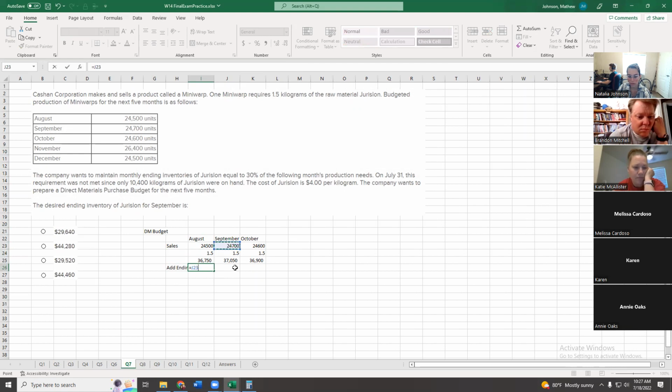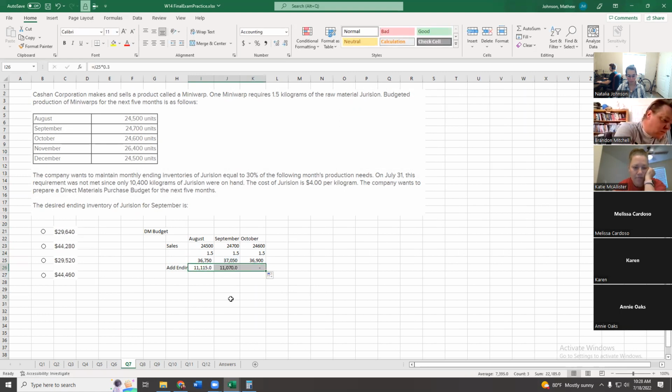I always use this one, but it's this one because we're doing direct materials now. That's why we always multiply times the kilograms first. So that times 30%. Okay. And then we could even do it up to here because they're asking for the desired ending inventory of September. So this is it.